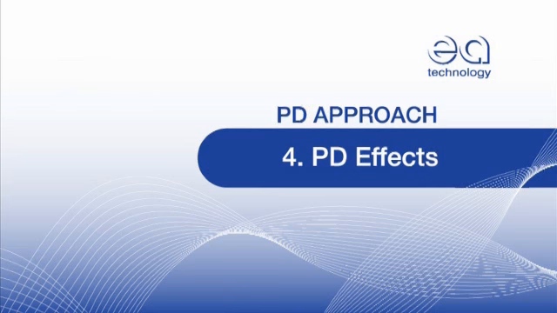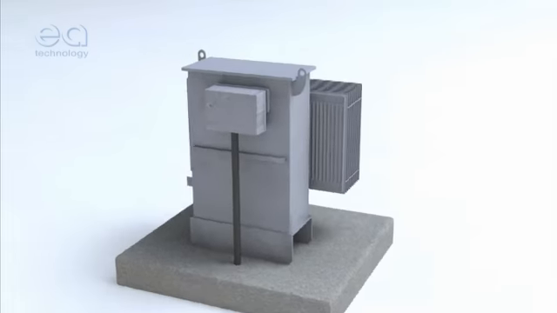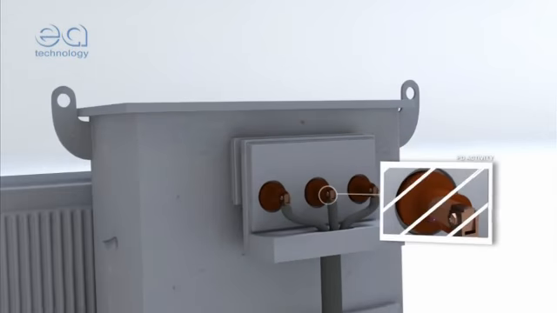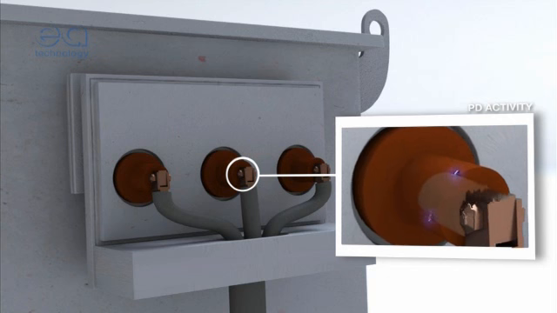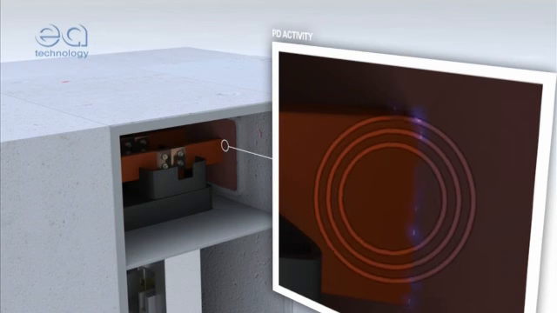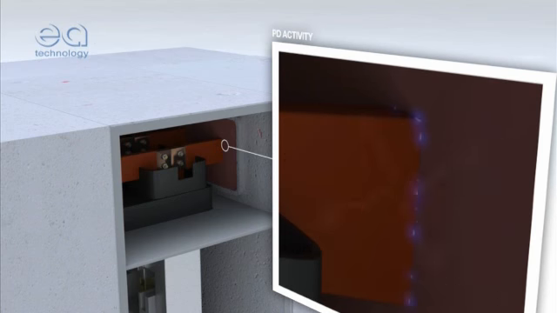PD effects. Partial discharges emit energy in several ways, producing electromagnetic emissions in the form of radio waves, light and heat, acoustic emissions in the audible and ultrasonic ranges, and ozone and nitrous oxide gases.